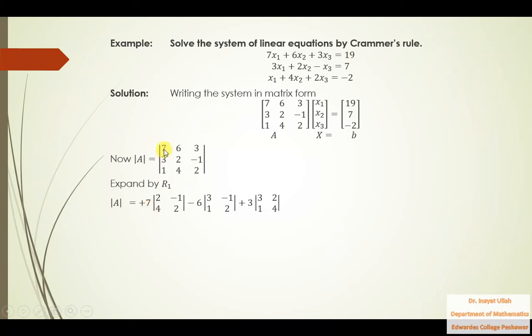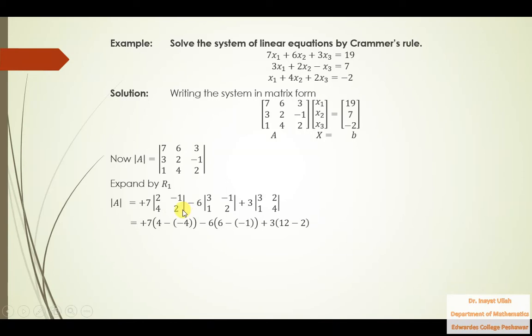Exclude the row and column which contain 7, so we are left with 2, minus 1 and 4, 2. That is the cofactor of 7. Similarly, excluding 6, we are left with 3, minus 1, 1, 2, and excluding 3, we are left with 3, 2, 1, 4.